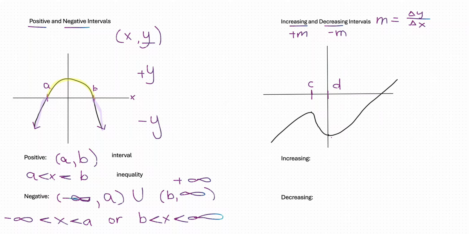Over here, let's note the values of the slopes. At this point of the function, until it reaches c, we can see that the slope is increasing because the change in y over the change in x is positive. As you can see here, this is a change in y, and this right here is a change in x. So we can say that this has a positive slope.